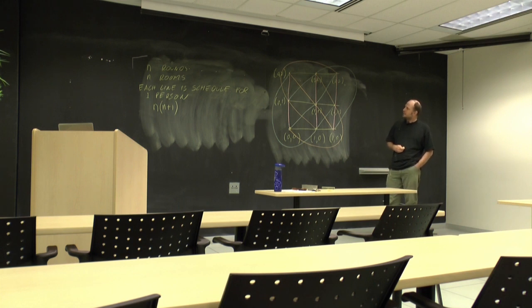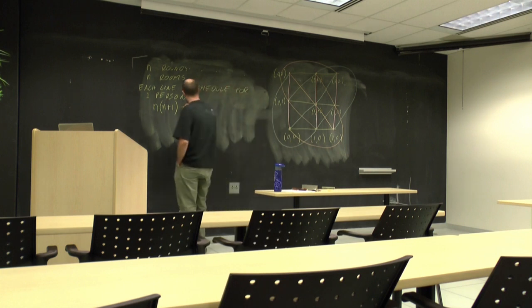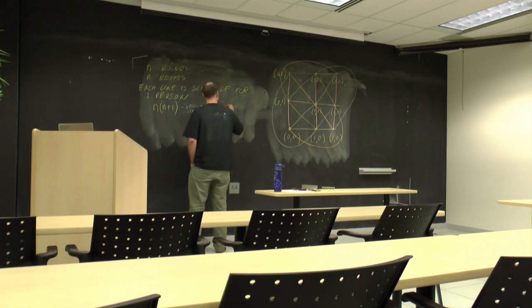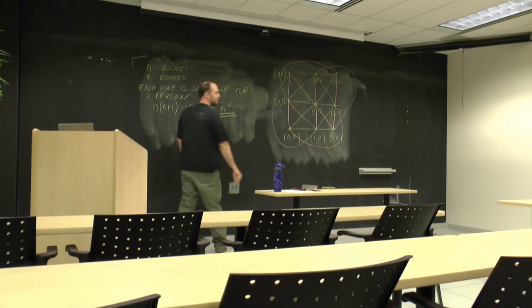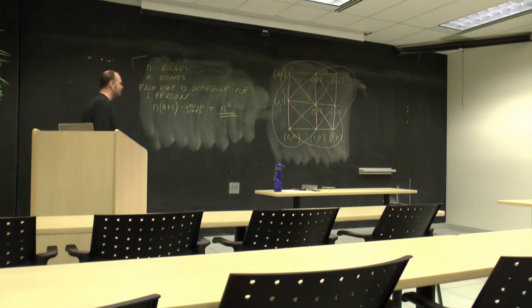Okay, so I have to get rid of the vertical lines. Minus vertical lines is n squared. So I have a schedule.